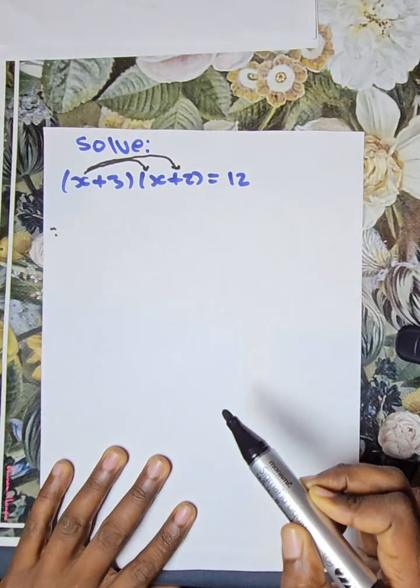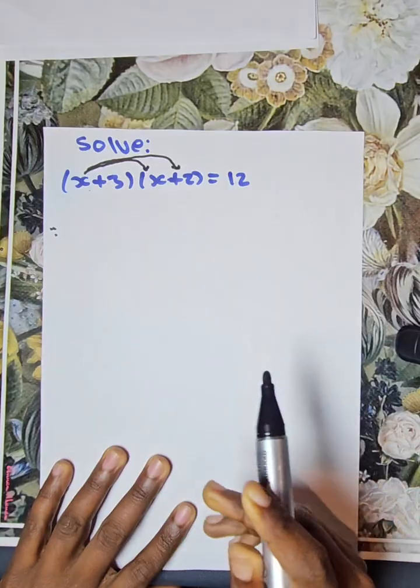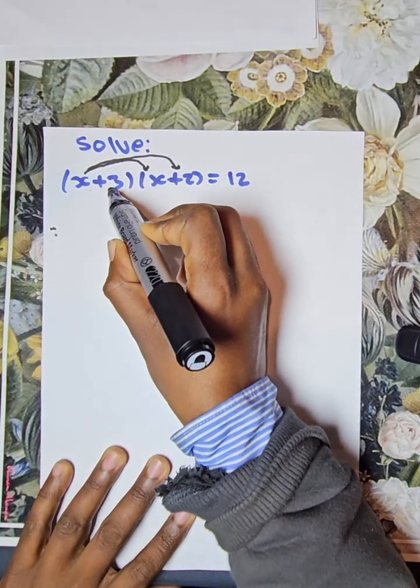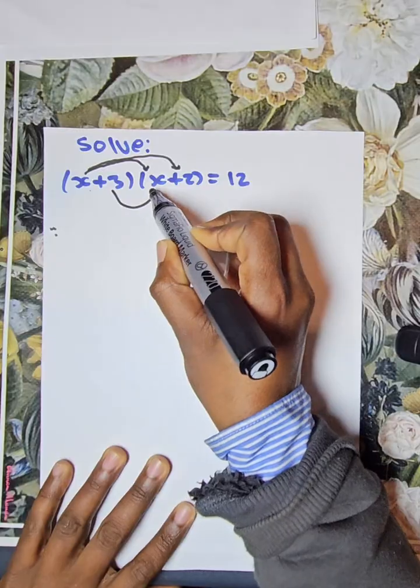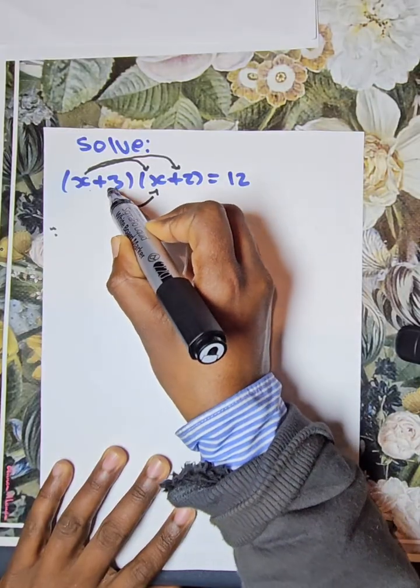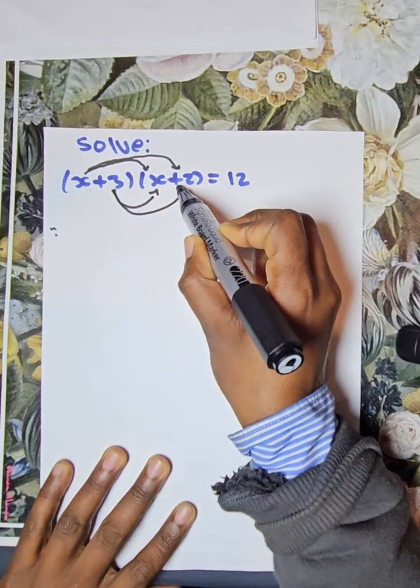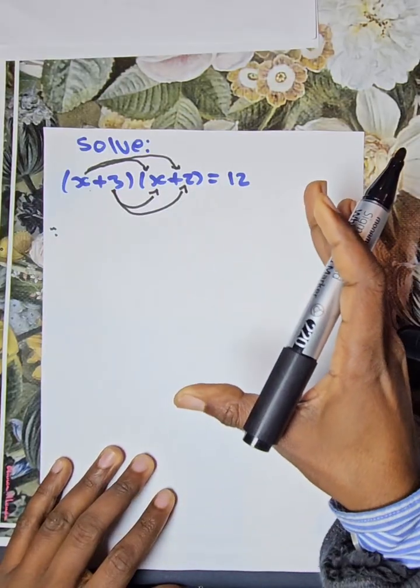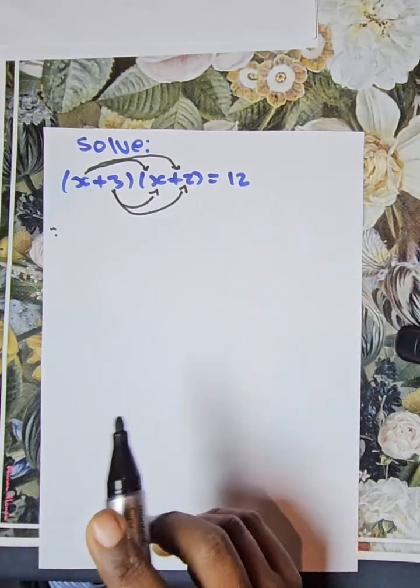So first x will be multiplied by both terms inside the second bracket. The same is true for plus 3. We don't touch the right hand side.